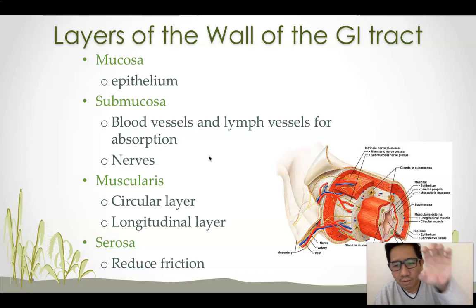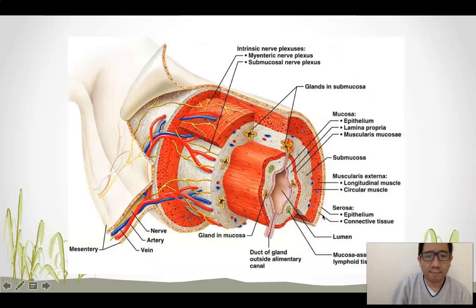You have 2 muscles, the circular one and the longitudinal one. You need both of these to contract to actually move food from one side to the other. And serosa is the reduction of friction, which is on the outside.